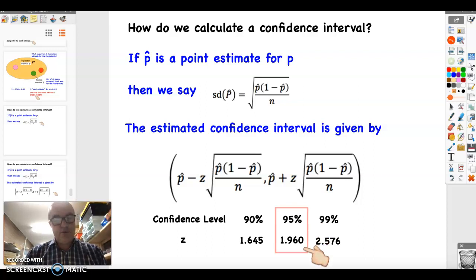Very close to 2, and I think I've mentioned before that when we're 2 standard deviations either side of the mean, we are referring to 95%. In fact, exactly 2 standard deviations gives us something closer to 95.45%, and that doesn't roll off the tongue quite as well as 95%. So we peg it back to 1.960 standard deviations, and that gives us a 95% confidence level.